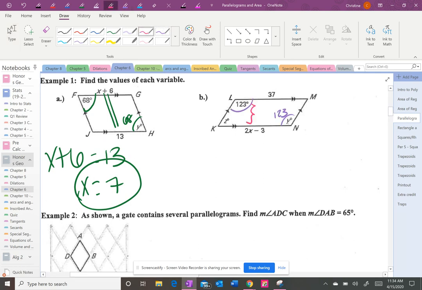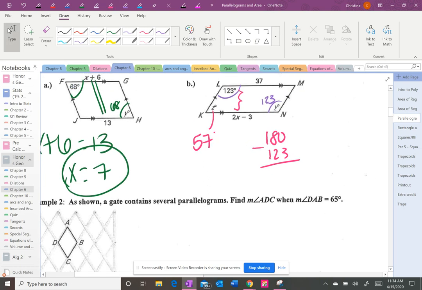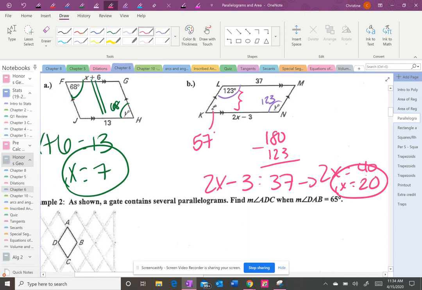Consecutive angles are supplementary, so 180 minus 123 is 57. And then we have to solve for the opposite side. So 2x minus 3 is 37, which means 2x is 40, so x equals 20.